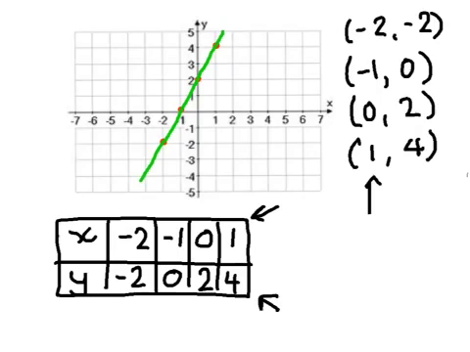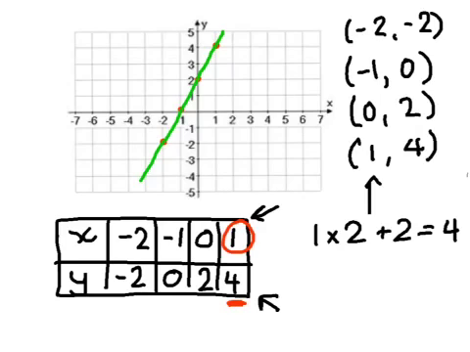So if I had 1 and I times it by 2, that answers 2. I'd have to add 2 more on to get to 4. Okay, so I've used the x value here, and I've multiplied by 2 and added 2, and I've got the value down the bottom there.